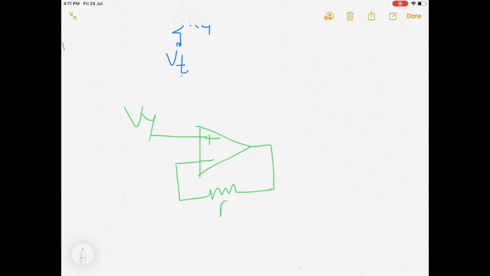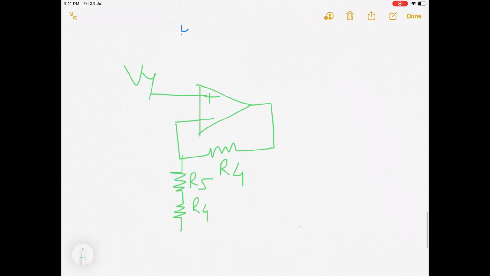So this is R4, this is R5, this is R4, R5, R4 and this is Vz. So what will be the output here? That is Vt. Okay, so again we have to apply superposition theorem.